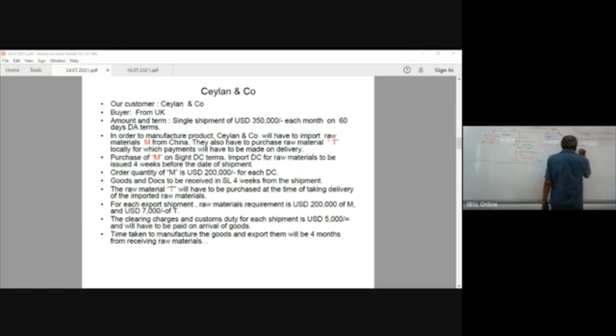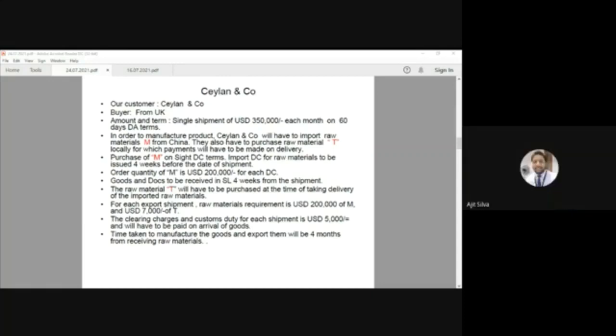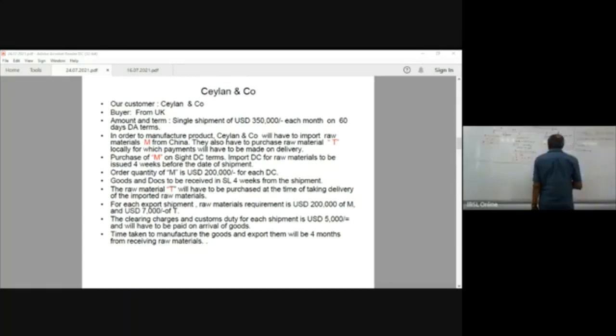US dollars 200,000 into how many times? 4 times. Very good. 800,000 into 190.